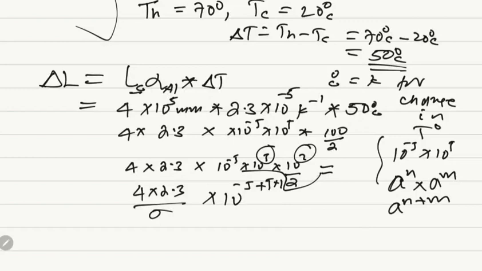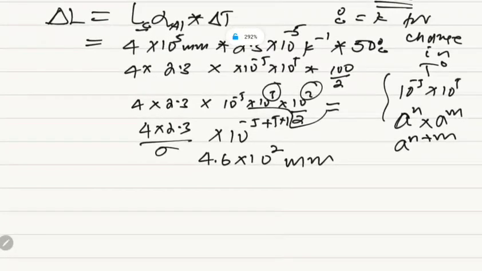So this is 2 times 2.3, which is 4.6, times 10 to the power of 2 millimeter. So when you multiply this by 100, you get 460 millimeter as the change in length.